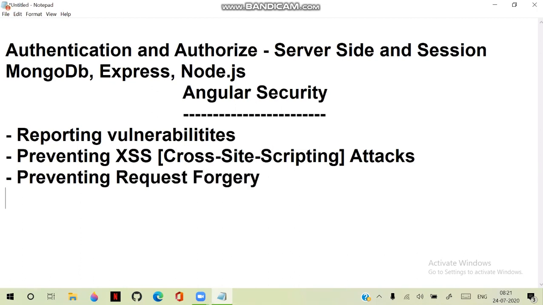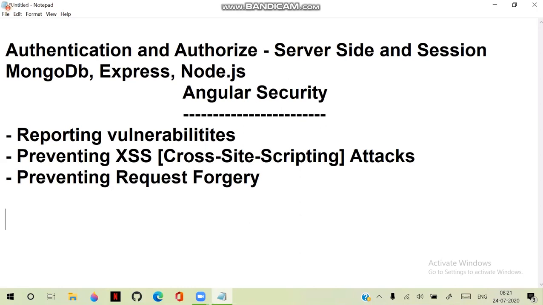These are the concepts of Angular security. And very important, Angular provides built-in protections.